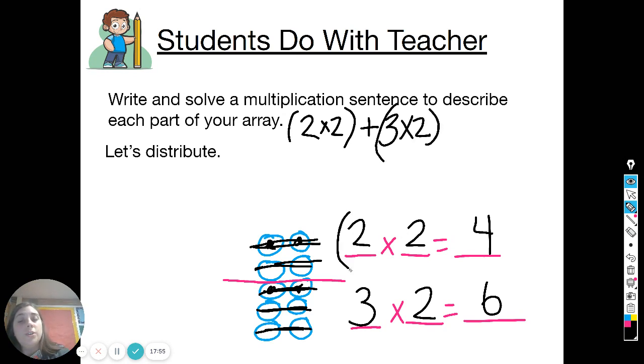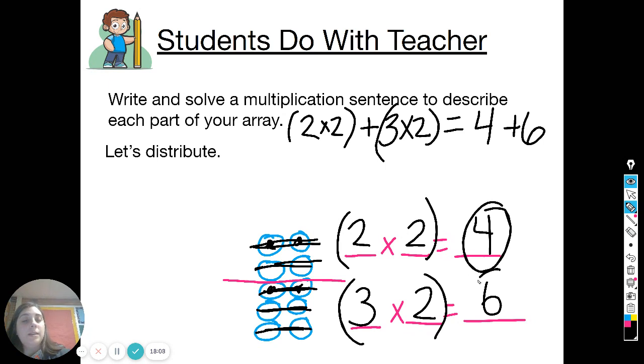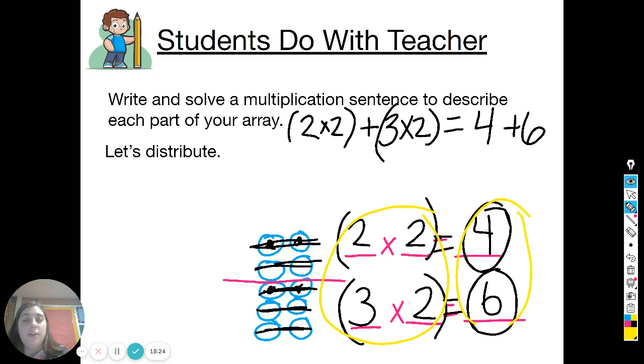Okay, so I took 2 times 2 and I'm adding it to 3 times 2. Well, I know that's the same as adding my 4 plus my 6. Okay, because these are equal, or they are the same. So adding this part of my equation together is the same as adding this part of my equation together.